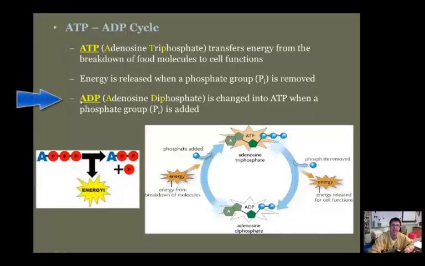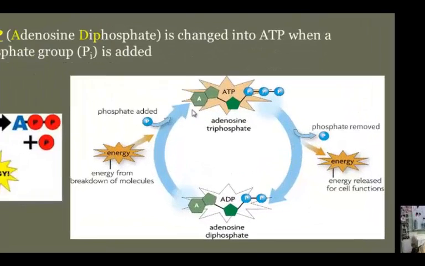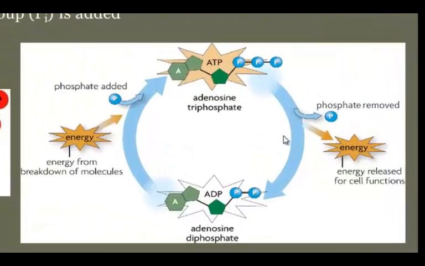So ATP has 3 phosphate groups. The other version is called ADP, which stands for adenosine diphosphate, because it only has 2 phosphate groups. Down here you see what goes on inside of our cells all the time. We have ATP energy, that's 3 phosphate groups, and for our cells to use that energy, we got to rip off a phosphate.